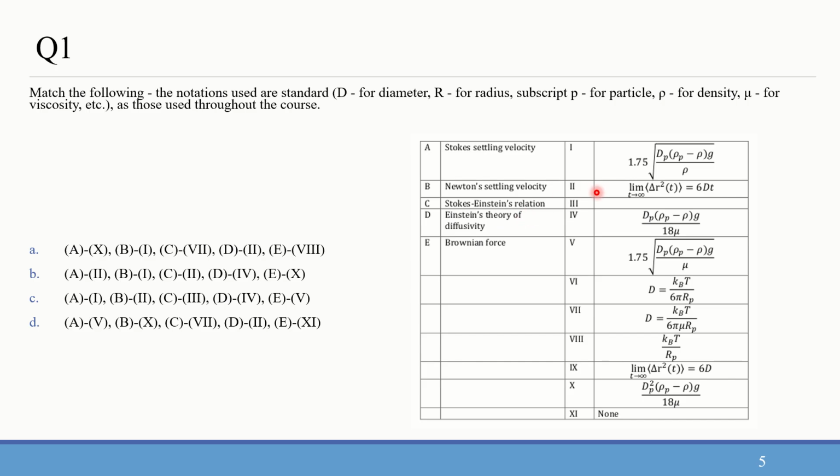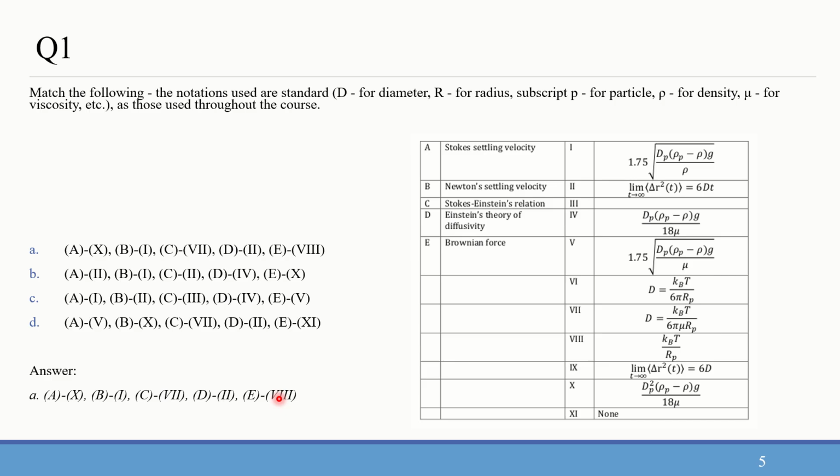So here it is, limit of t approaching infinity, delta r square of t is equal to 6 Dt. And finally we have Brownian force, which is given by 8, so it is kbt by rp. So option A is the right answer: A 10, B 1, C 7, D 2, E 8.